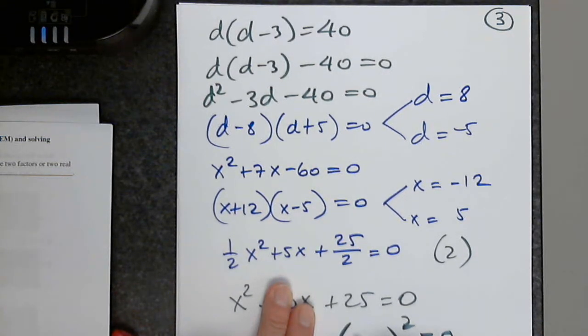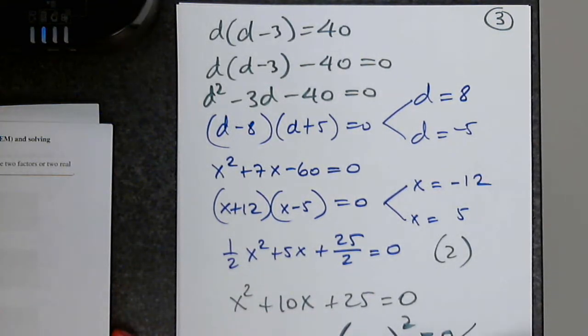X squared. No, just x. X plus 5. Exactly. This is what you expect it to be. But what is the middle term here? 10x. Is this 10x? Good. So this is the correct factored form.